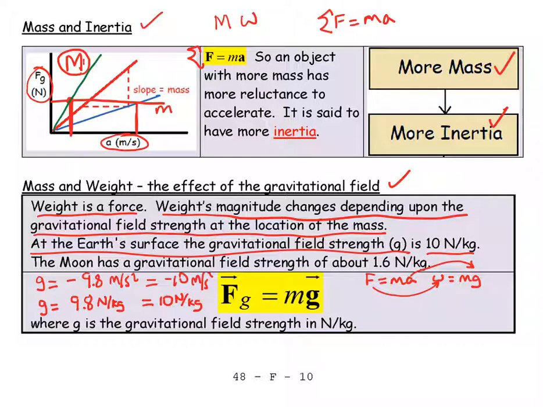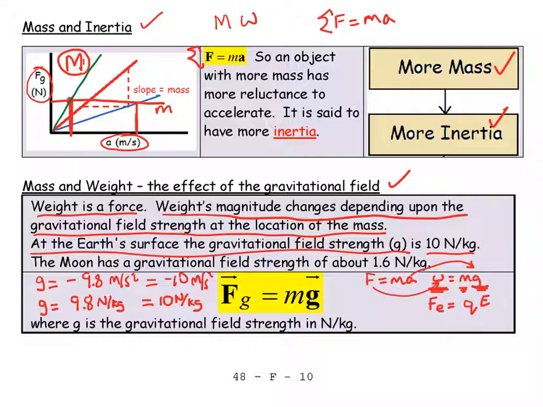And the fact of the matter is that this is a vector: force is equal to the mass times the vector gravitational field strength. Because in physics 2, we're going to say the force due to an electric field is equal to QE.